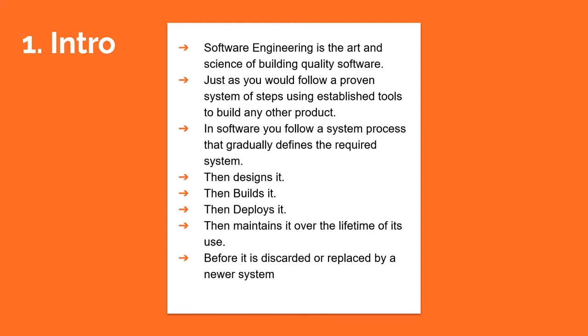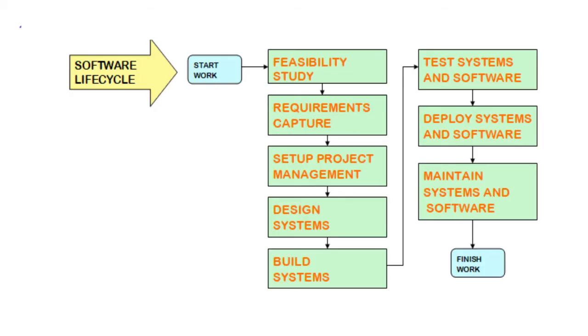The complete software lifecycle process is as follows. The software lifecycle: we start the work, we first carry out a feasibility study, we carry out requirements capture, we set up a project management system, we design the systems that we're going to build, then we build the systems and the software, write the program, the software to run on those systems.